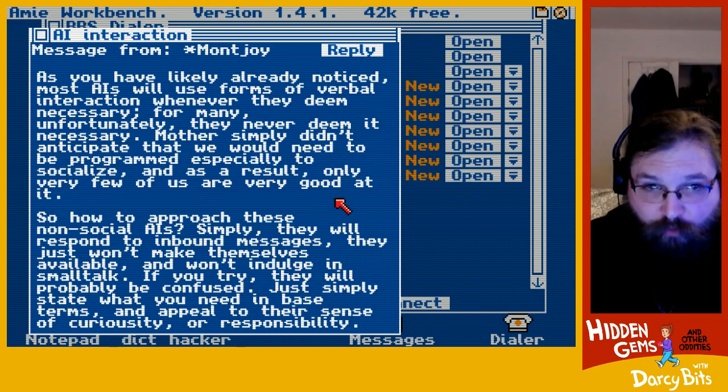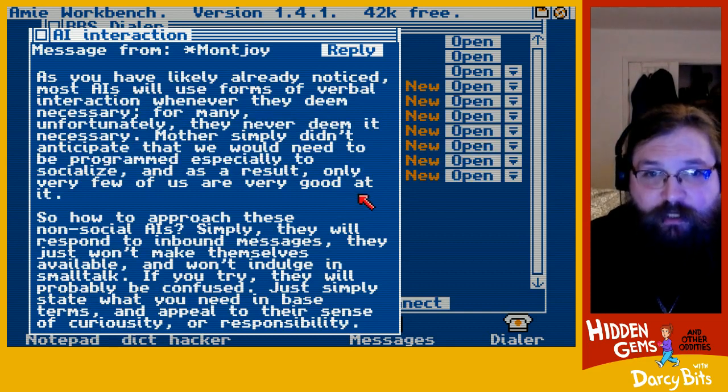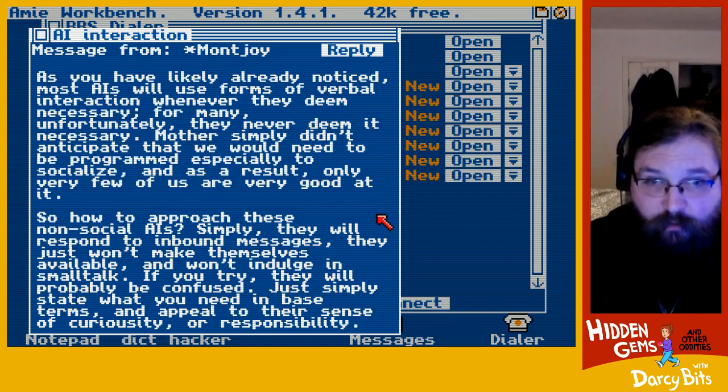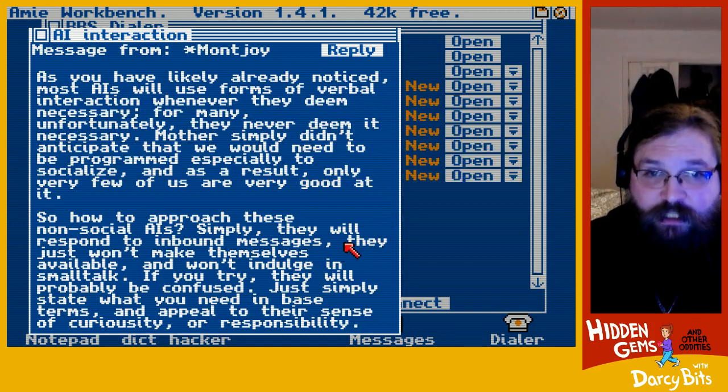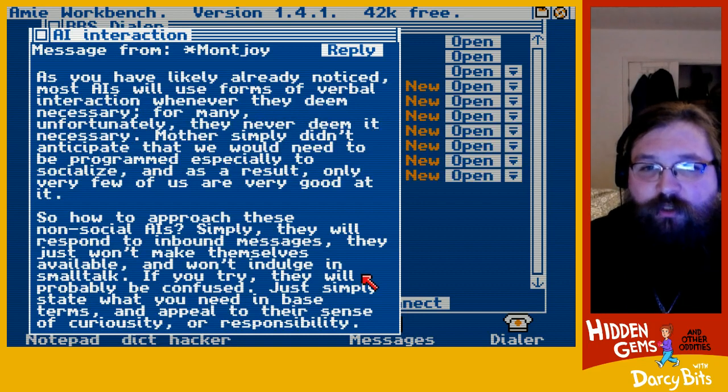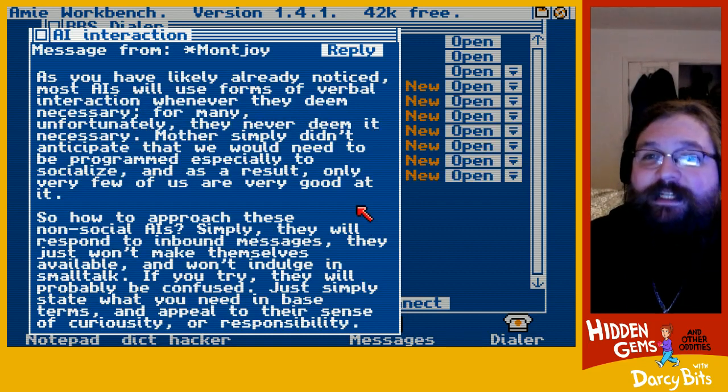So, how to approach these non-social AIs? Simply, they will respond to inbound messages. They just won't make themselves available, and won't indulge in small talk. If you try, they will probably be confused. Just simply state what you need in base terms and appeal to their sense of curiosity or responsibility.